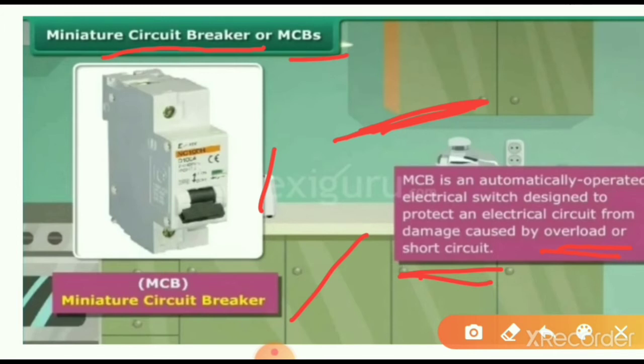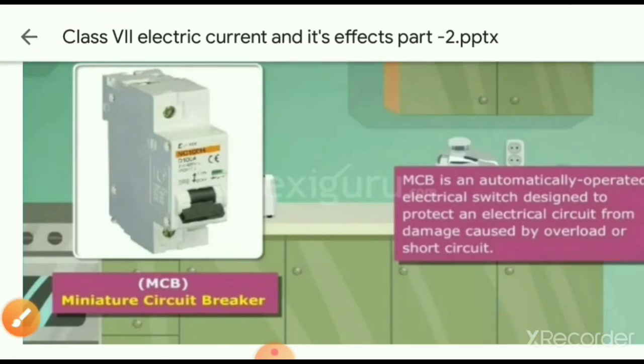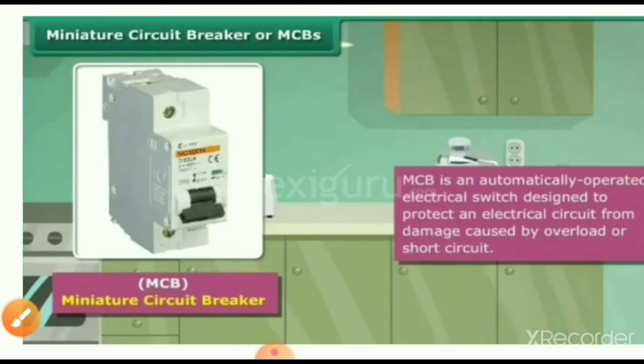And overload occurs when many devices are connected to a single socket; the MCB protects against that too. If you use an MCB, it protects the electrical socket from damaging situations. I hope you have understood MCB. Every home will have this type of electric fuse. Once check.